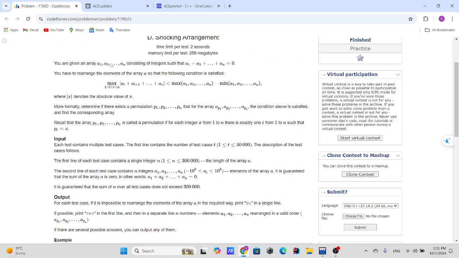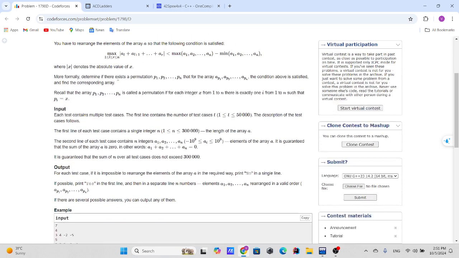You are given an array consisting of integers a1 to an, whose sum equals 0. You have to rearrange its elements so that the following condition is satisfied: the max over L to R is smaller than the max of the whole array minus the min, where the bars denote absolute value.